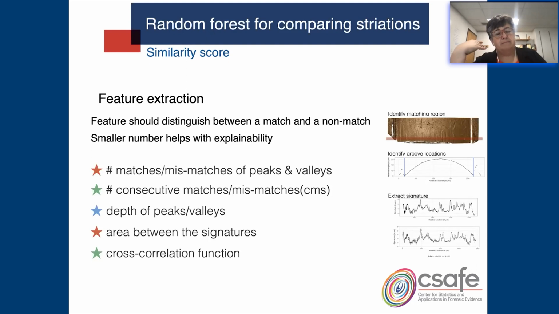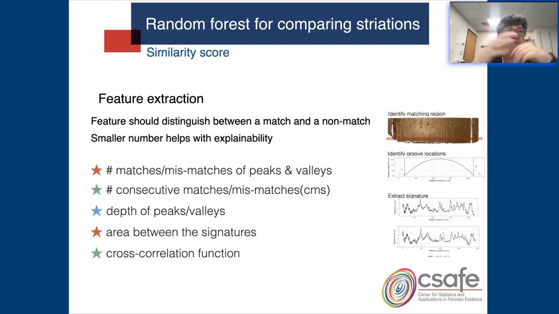We started by extracting a couple of features, and the idea with features is that a feature is supposed to distinguish between what's a match and what's a non-match. Features are usually numeric variables, and one side of the feature is more related to a match. The other side of a feature is more related to a non-match.